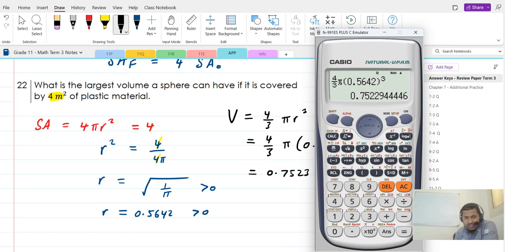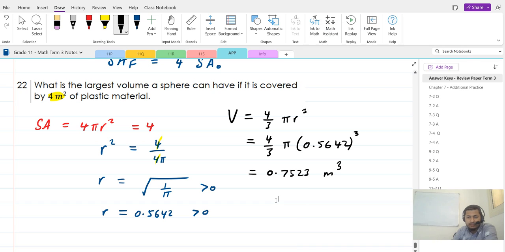What if we use the entire square root as the answer instead of working in decimals? We would have square root of 1 over pi. We get basically the same answer to 4 decimals. So the volume is 0.7523. Next problem.